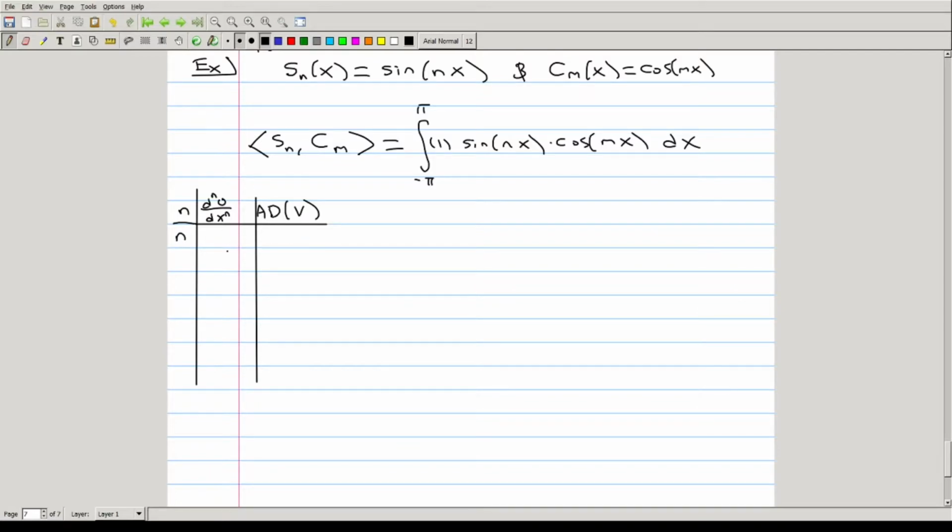So for n equals 0, we'll choose sine of nx and cosine of mx.